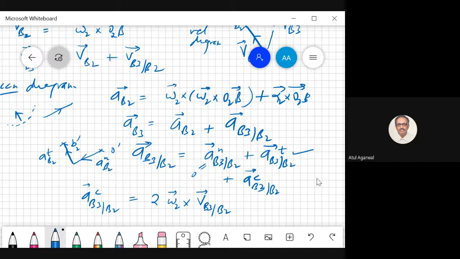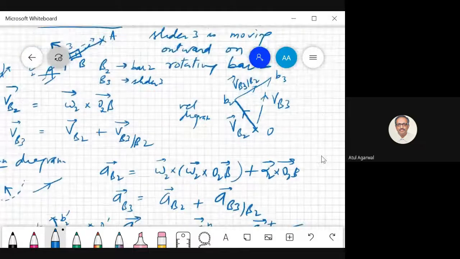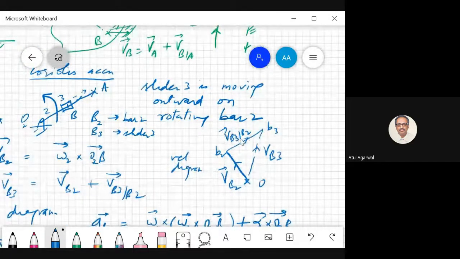So what is the velocity of B3 with respect to B2? It is going like this. What is omega 2? Counterclockwise. So if you look at omega 2 counterclockwise, it is like this dot. Do you agree? Yes, sir.